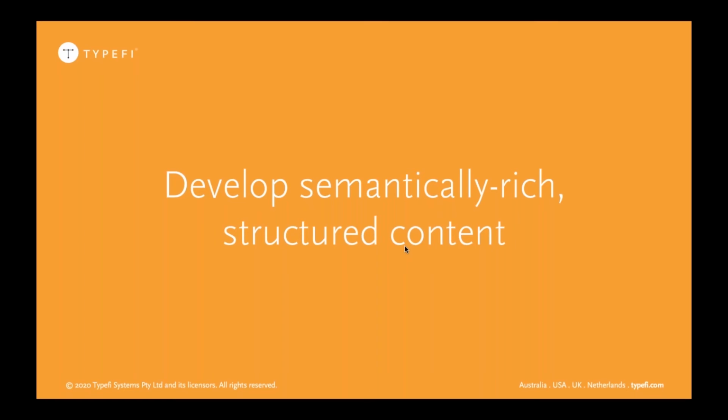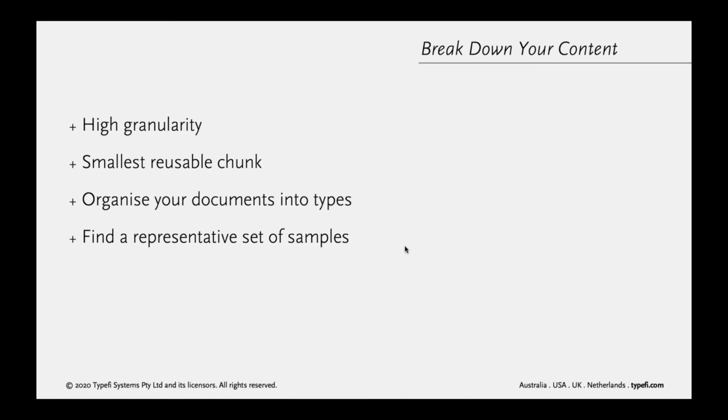And to do that, start with breaking down your content. So the term granularity refers to the size of the things you're managing. The greater the granularity, the deeper the level of detail. A high level of granularity would, for example, increase your options to reuse your content.